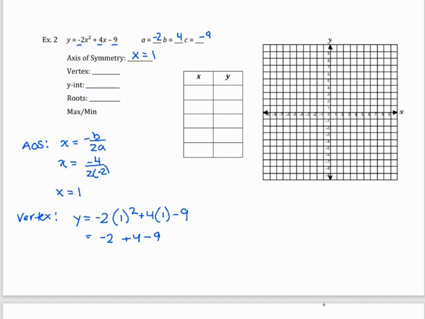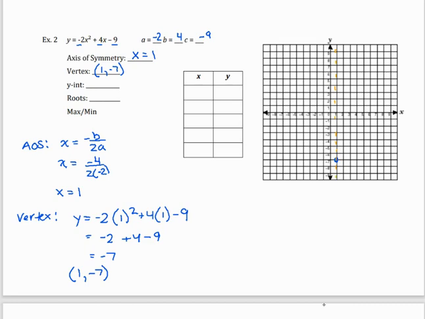Negative 2 plus 4 is 2, and 2 minus 9 is negative 7. So my vertex is that I plugged in a 1, and I got negative 7. So I'm going to plot those points for now. So 1, -7 is here. Okay, and then we know we'll have an axis of symmetry that's going to pass through that vertex.